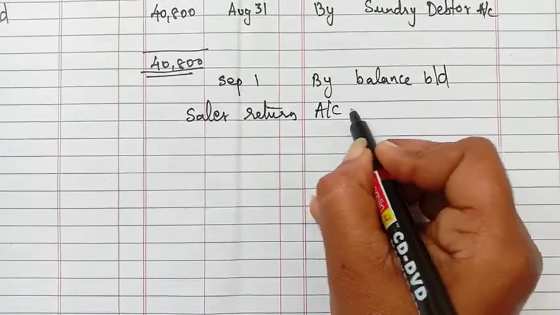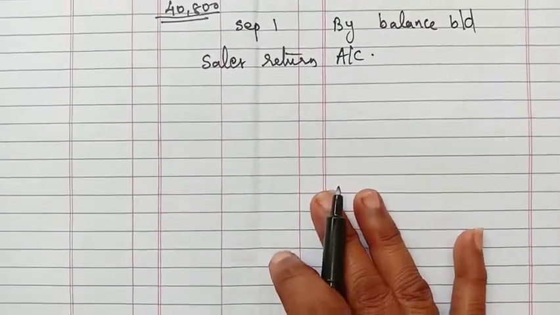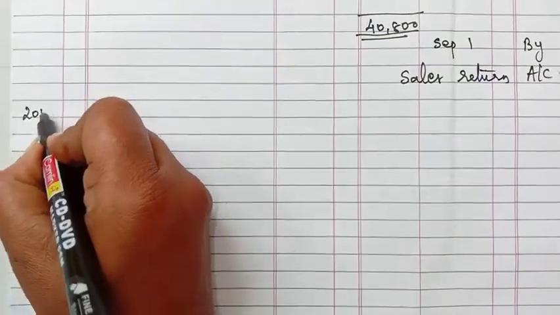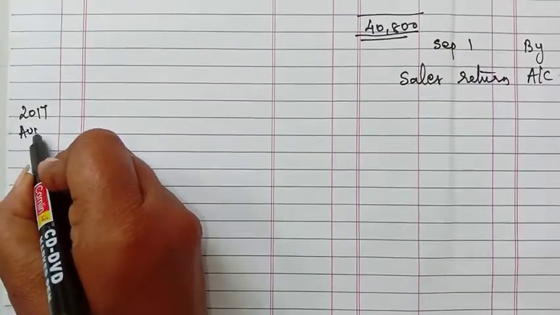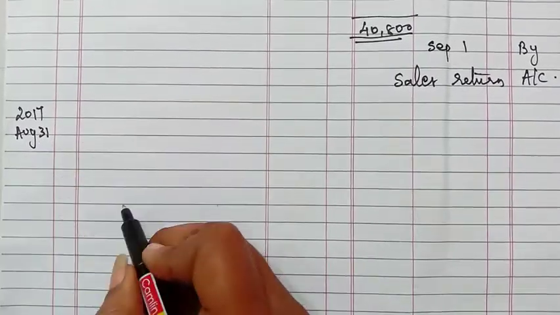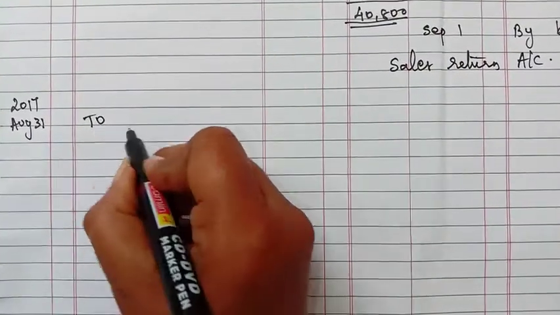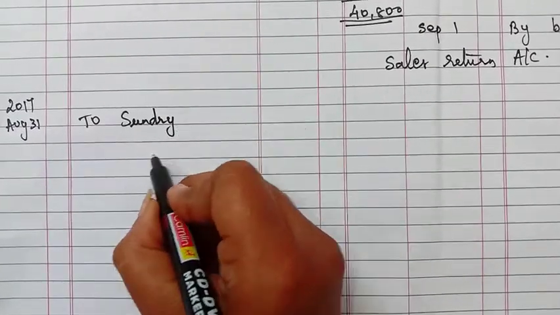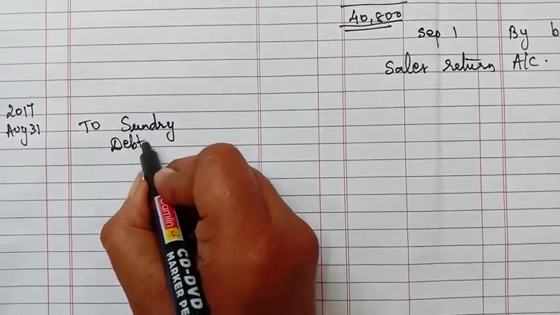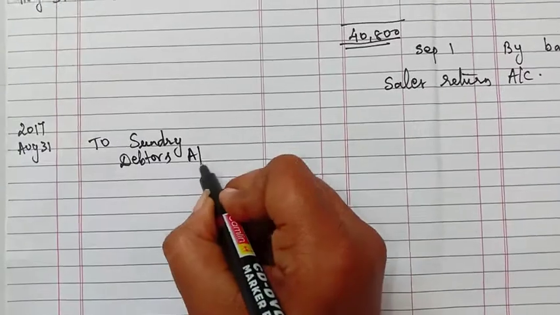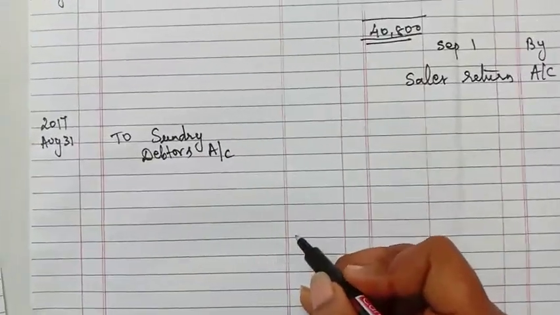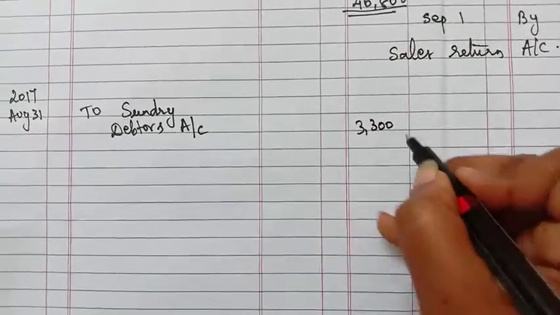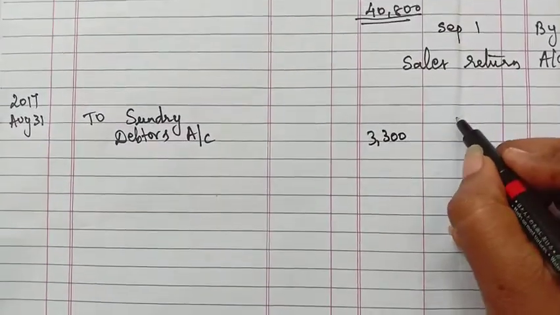Next, the sales return account. Sales return will come in the debit side. Go to the debit side. Same thing, 2017 August 31st, we'll write as to Sundry Debtors account. In the sales return book you can see the amount is 3,300. You write that amount. Come to the credit side.